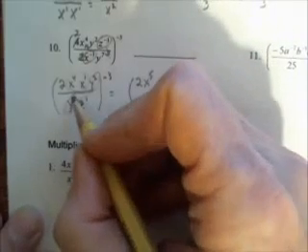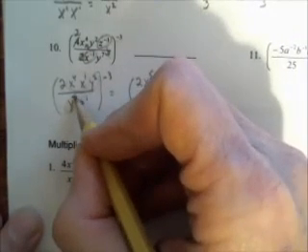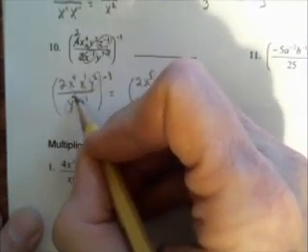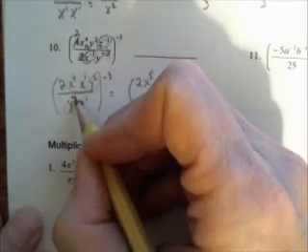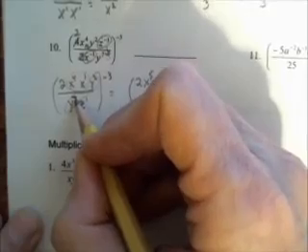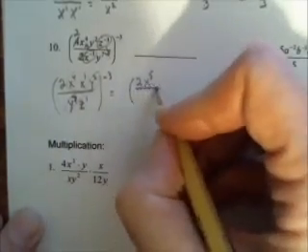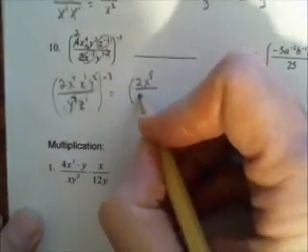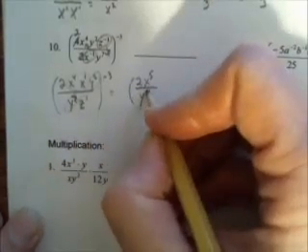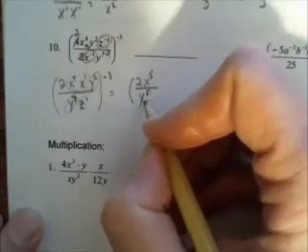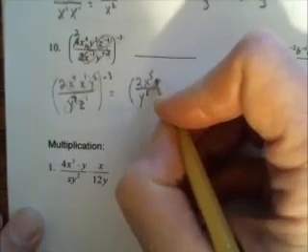Or the easier way is, because the bigger exponent is in the denominator, you're just going to subtract the 2 exponents and keep the result in the denominator, because the y to the 7th is bigger than the y to the 2nd. So this y has an exponent of 7 minus 2, y to the 5th, which is the same thing as y to the -5th up in the top.